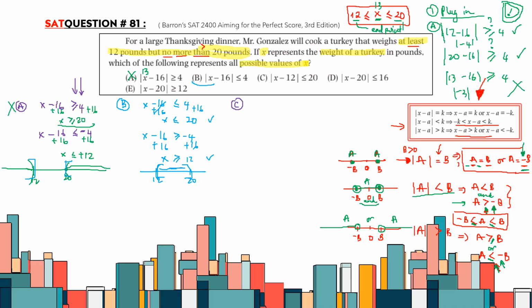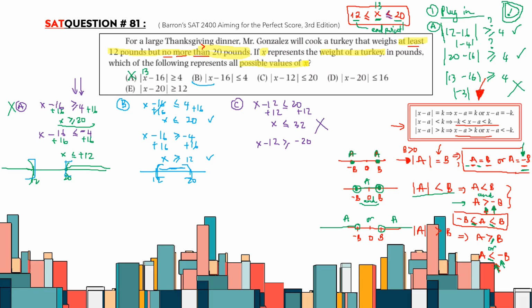So for C, we have x minus 12 less than or equal to 20, and x minus 12 greater than or equal to negative 20. So we add 12 to both sides. Now x less than or equal to 32 could not be, right? Because our maximum is 20.